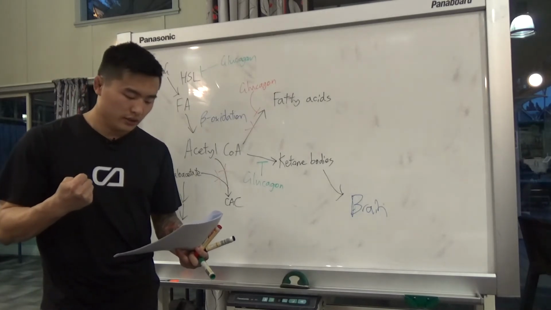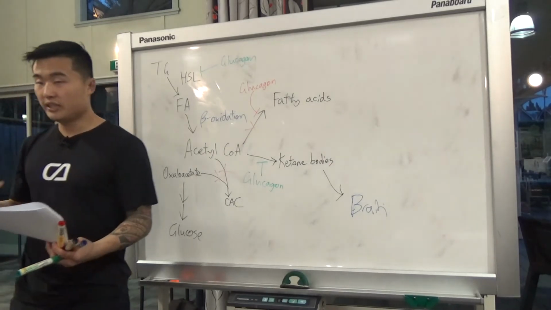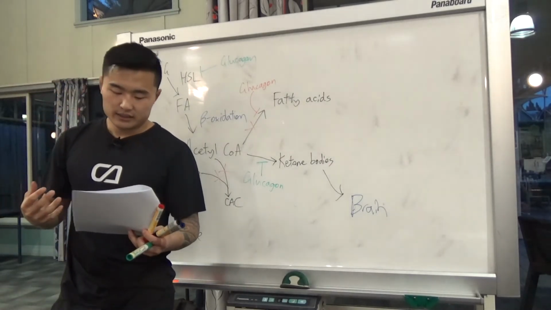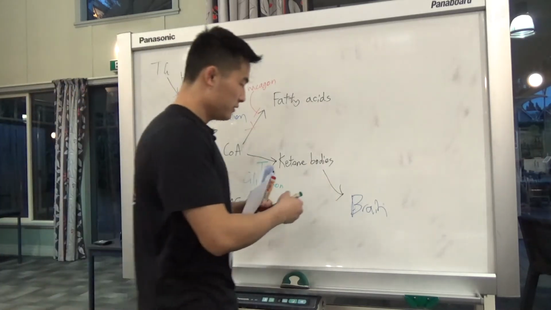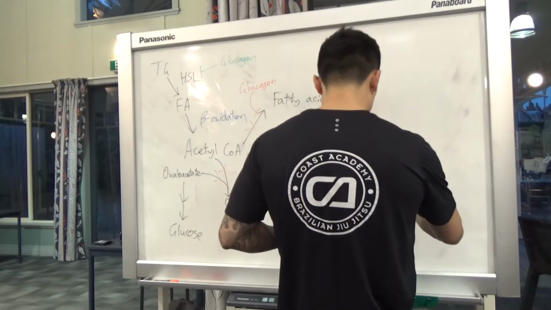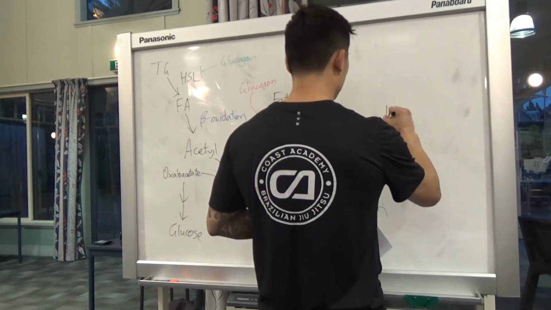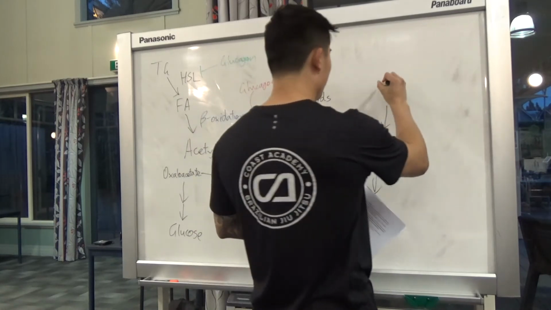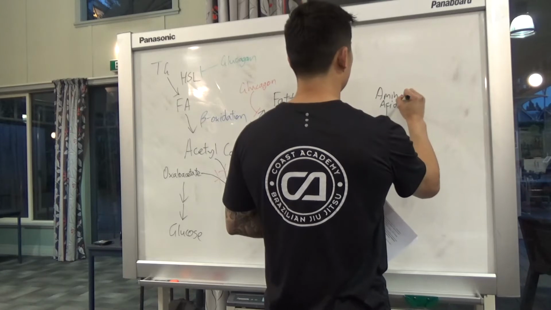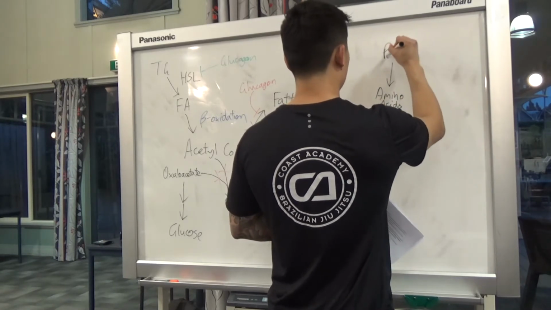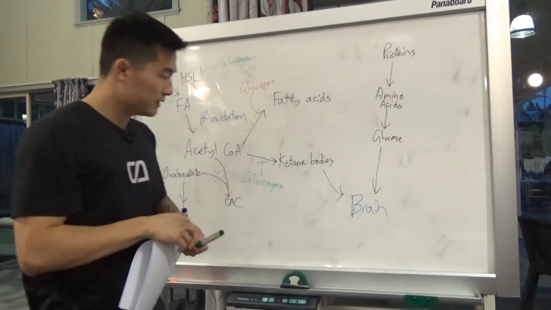So now the brain, remember that the brain was using 120 grams of glucose per day. Now it's got ketone bodies to use for energy. So we had glucose, and this glucose was being made from the amino acids that were being broken down from proteins, right?